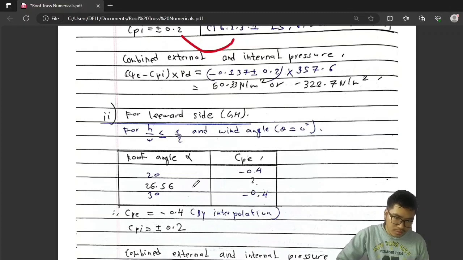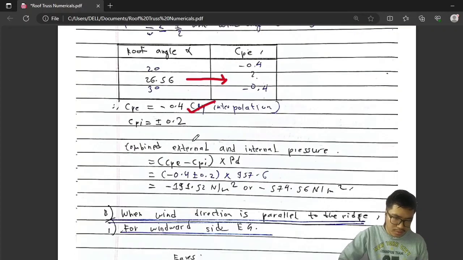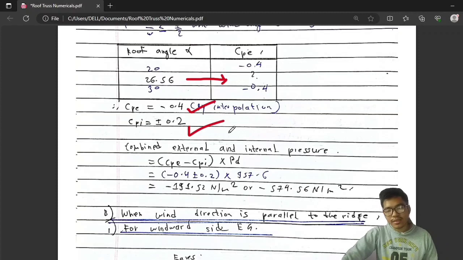So the CPE for this will also be minus 0.4, and CPI we assume from normal permeability CPI is plus minus 0.2. So combined external and internal pressure taking positive sign is 191.52, and taking negative sign it is 574.56.